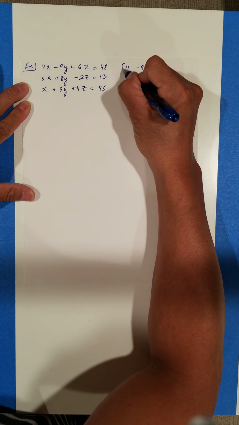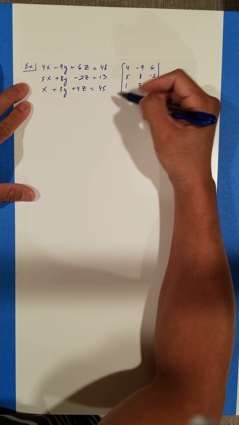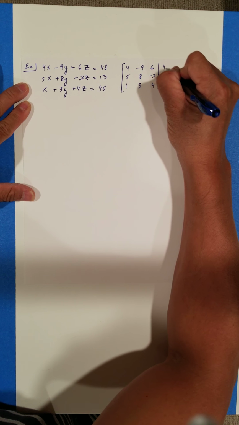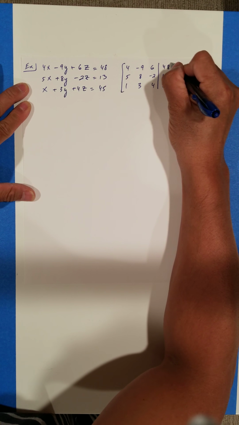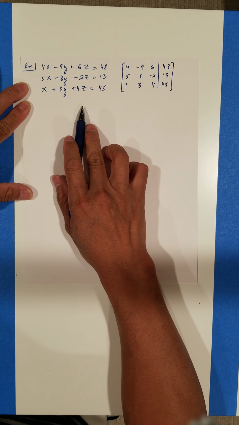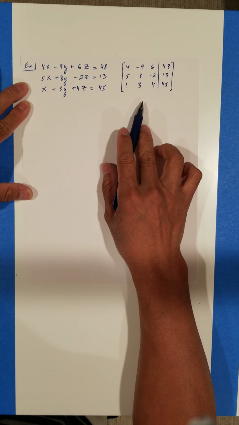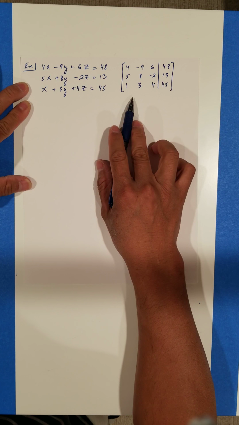Okay, so now here's my system. My answer is on the right hand side over here: 48, 13, and 45. So we have solved this before, but in different ways. So I'm going to show you how to use what's called inverses, okay?